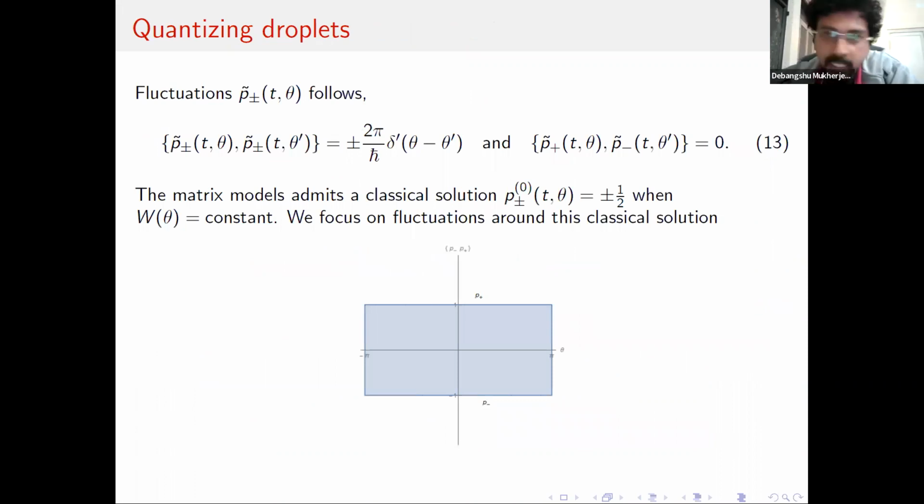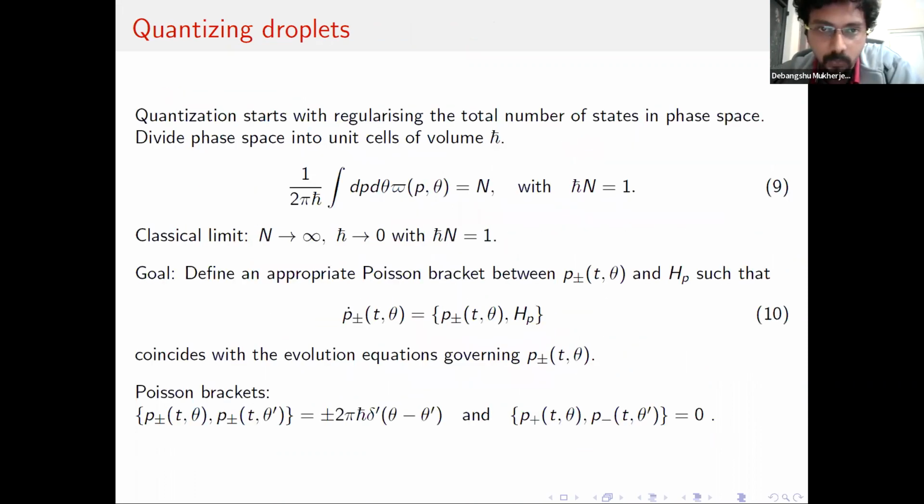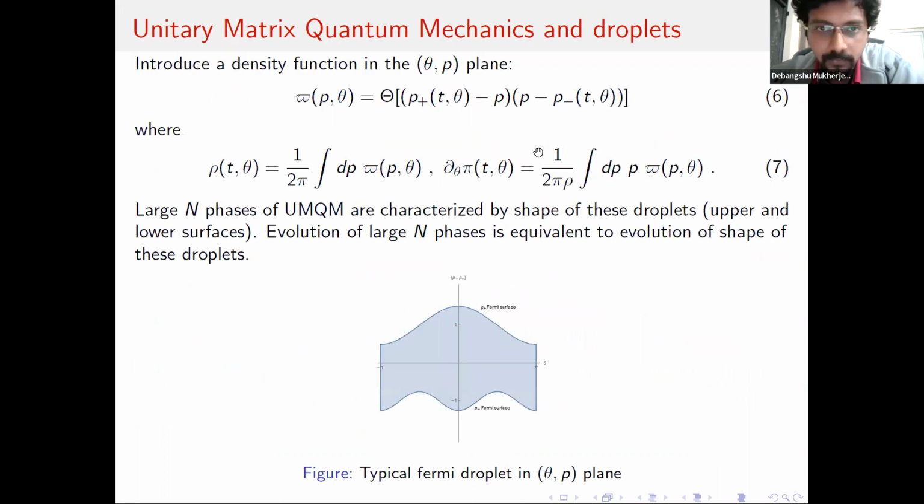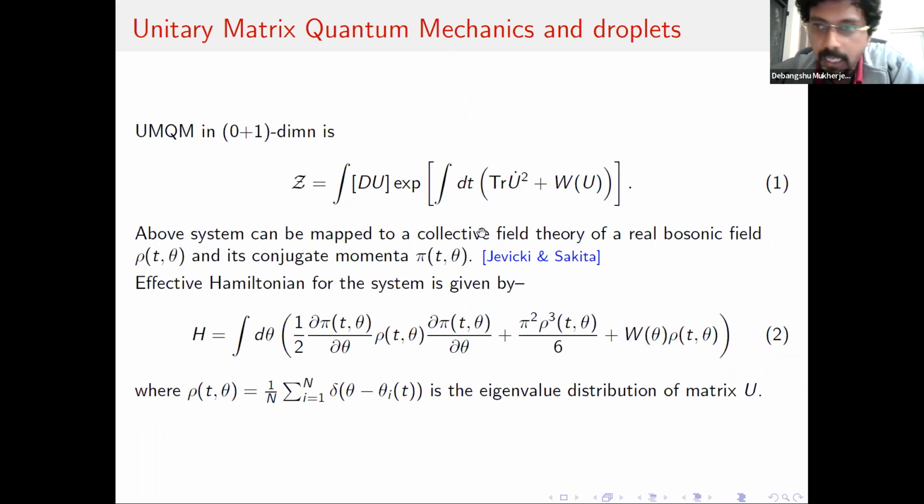So there is a very nice equivalence by which one can think of these kind of unitary matrix models as a model of free fermions lying on a circle, but restricted with this potential W of U. You can see that very easily because the measure here, dU, is nothing but a Haar measure.